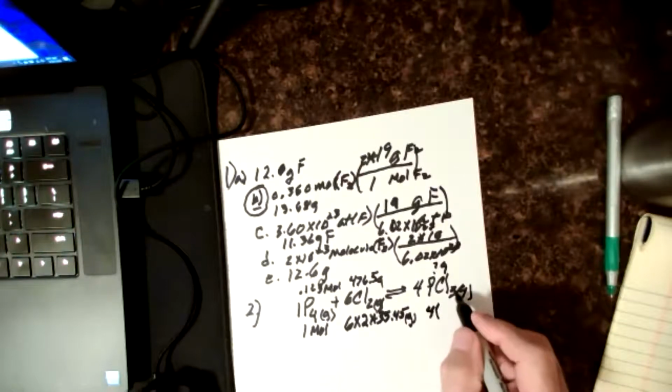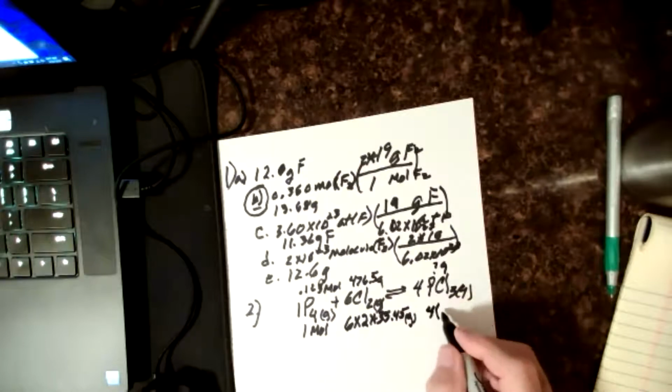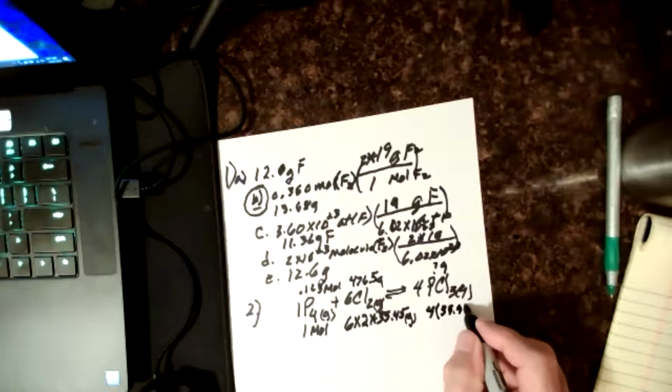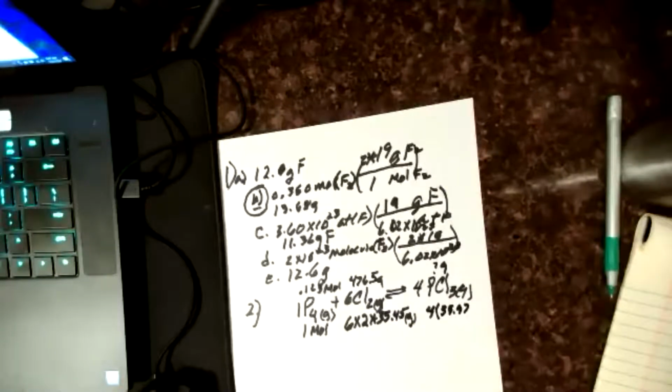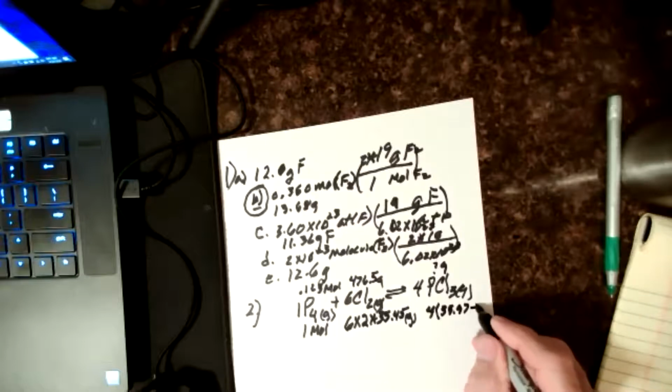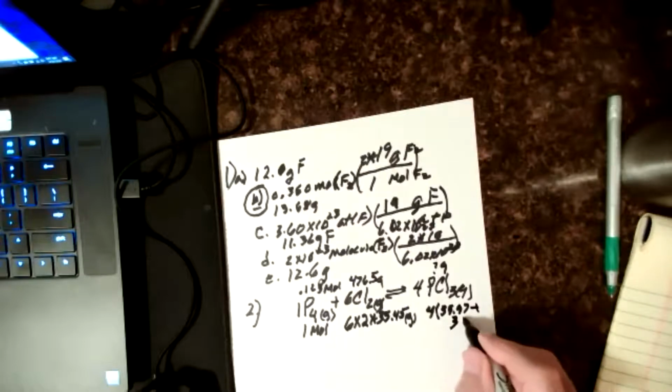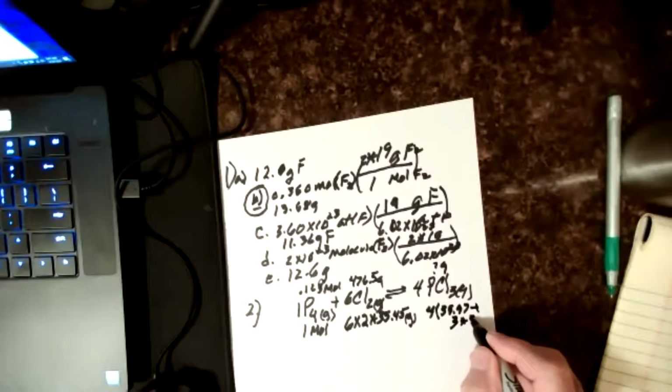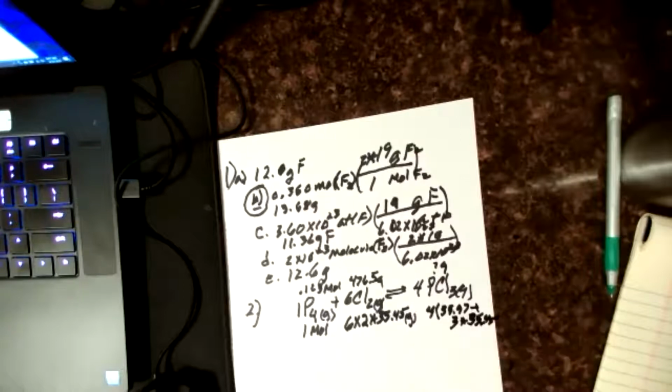And each mole will have 1 phosphorus, 30.97, I think. Yep, that's it. 30.97 plus 3 chlorines, and that's 35.45. Okay, all right. Now we got our data.